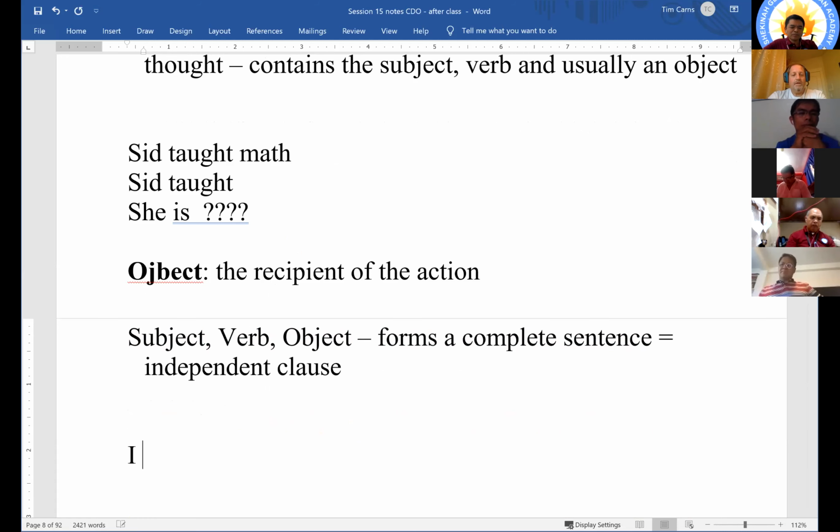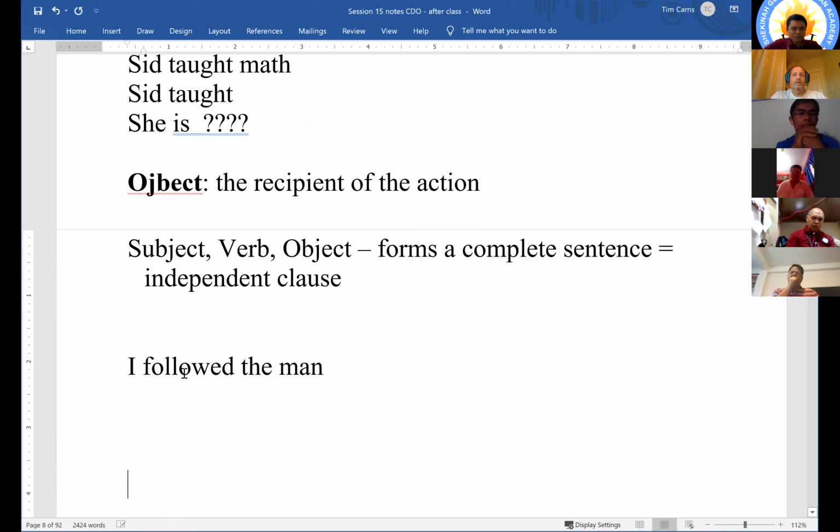All right, so these are some examples. I followed the man. Okay, that's a complete thought. What's the verb here? What's the action in this sentence? Followed.